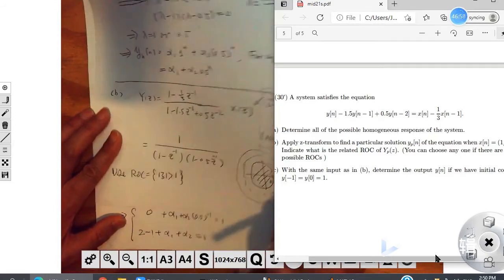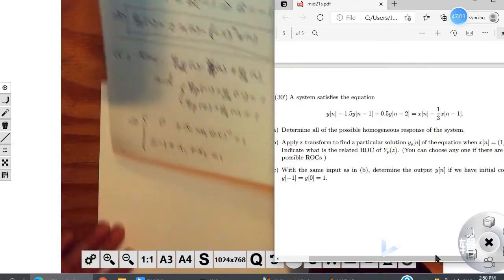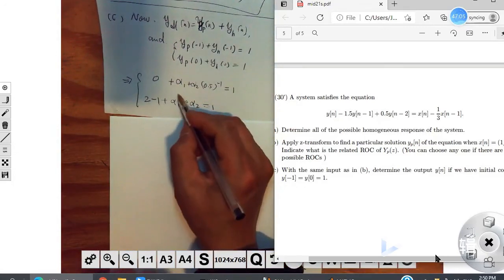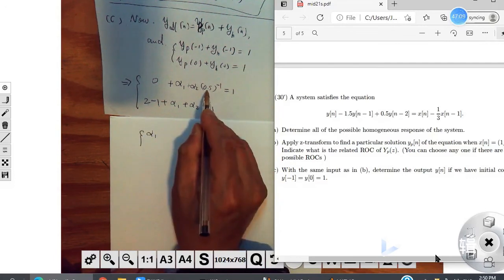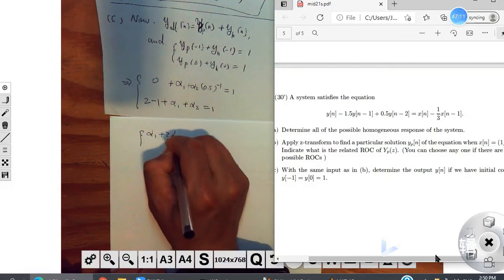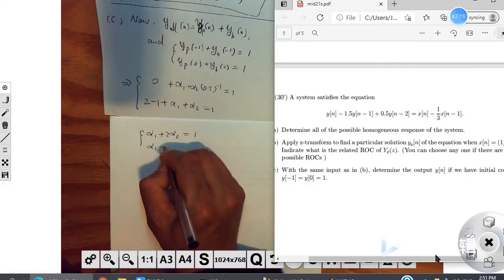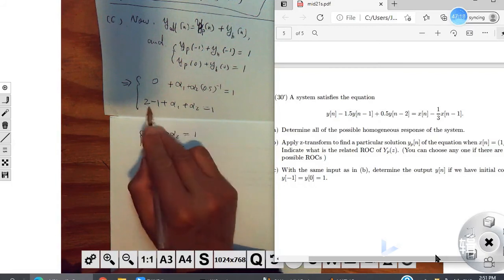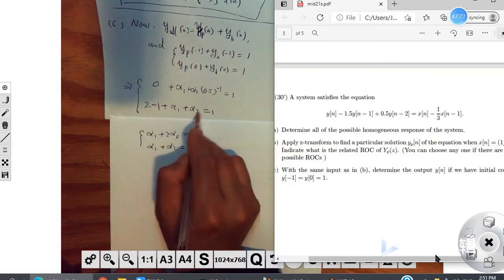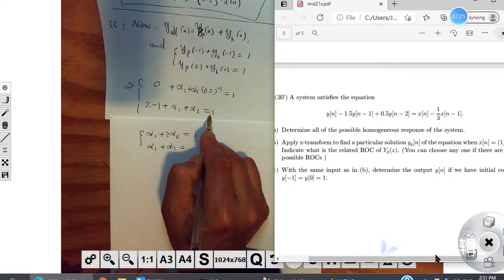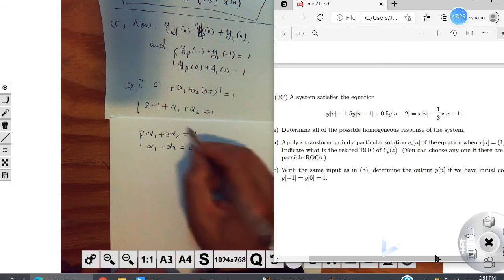Alright, almost done. We have these two equations, and we solve them to get the final answer. The first one is alpha 1 divided by a half, that is 2 alpha 1, plus alpha 2 equal to 1. Hmm, precisely: alpha 1 plus 2 alpha 2 equal to 1. And the other is alpha 1 plus alpha 2 equal to 2 minus 1, which is 1. So 1 plus something still equals 1, so this part has to be 0.